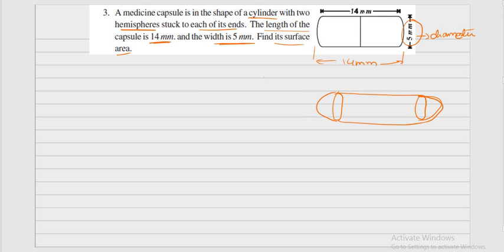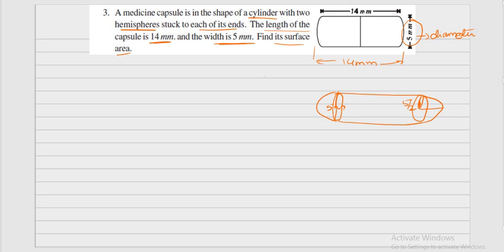Now he has given that this particular diameter is 5 millimeters. So this particular radius is 5 by 2 millimeters.